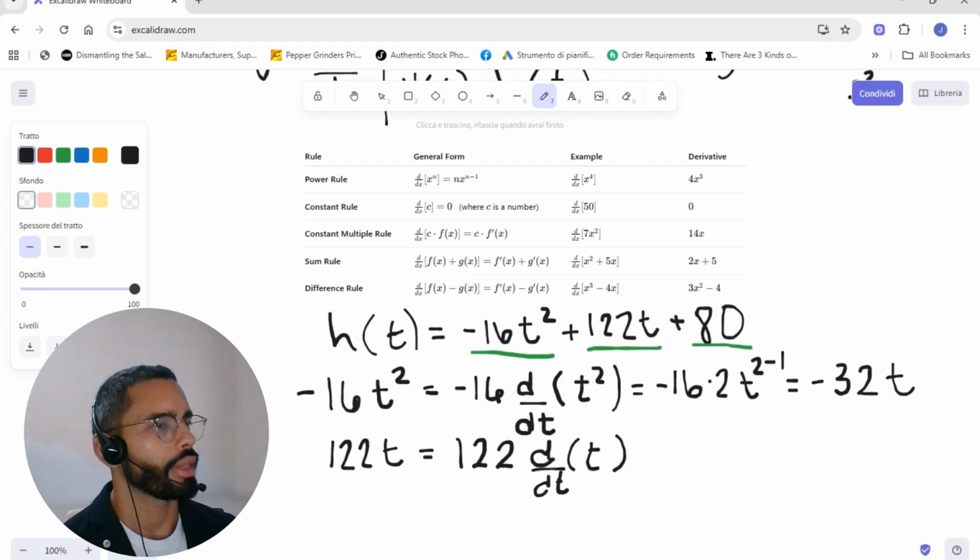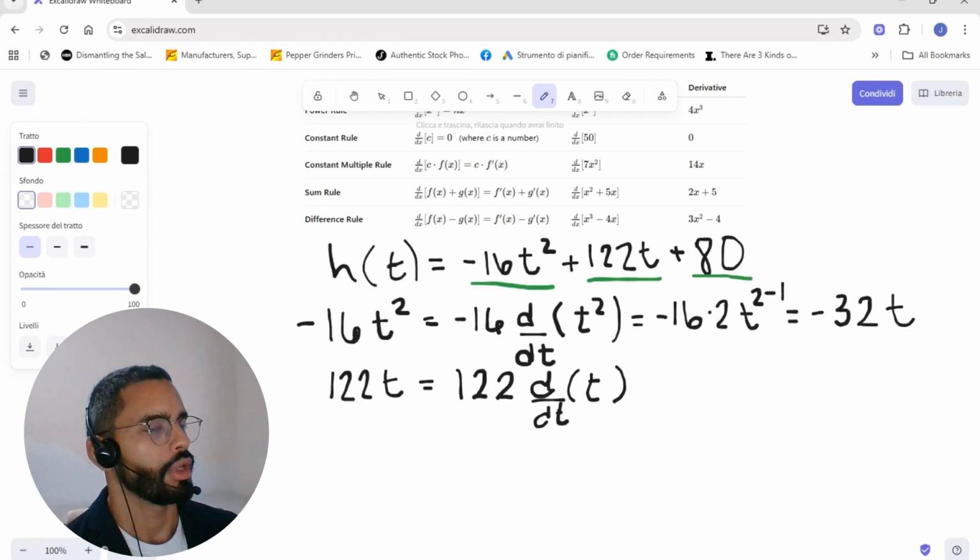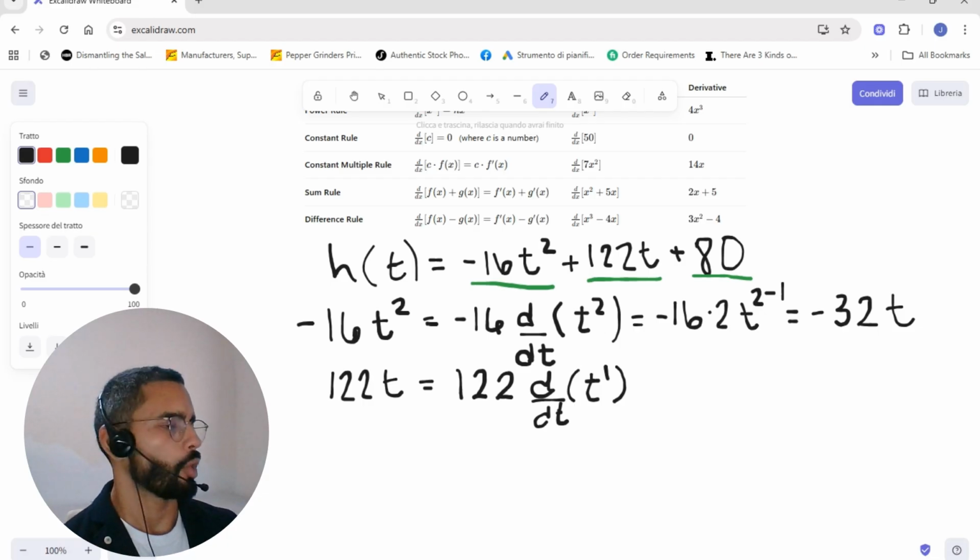We could apply the power rule. Yes. And what's the exponent of this t we have here, of having just t? Correct. It is 1, right? So when we have a variable and we do not see an exponent, the exponent is always 1. Perfect. All right. So what should I write here? So this will be equal to what?